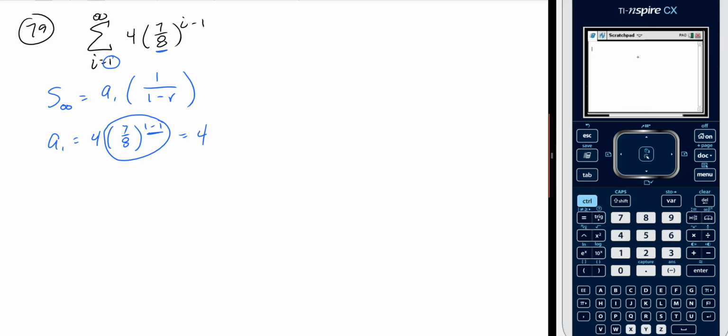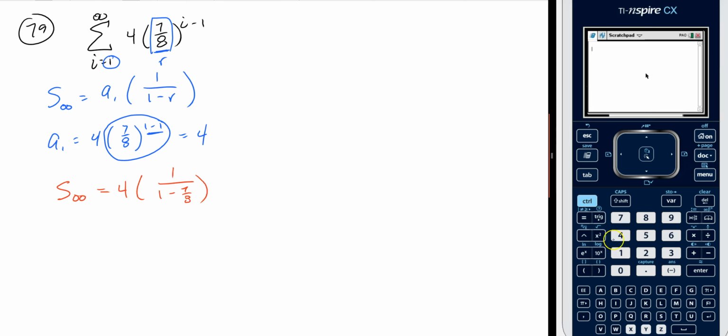And R is going to be whatever's in the parentheses. So this little guy right there is R. So I've got my sum to infinity is equal to 4 times 1 over 1 minus 7/8.